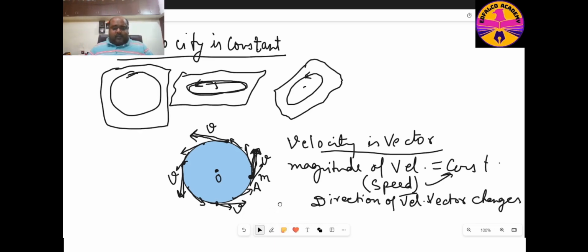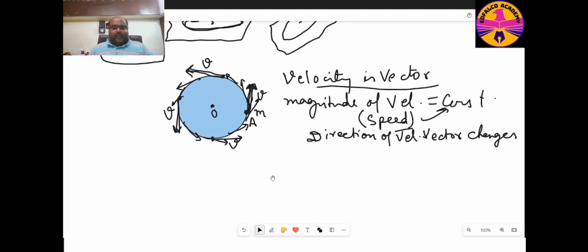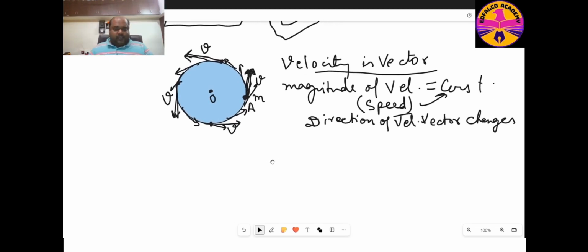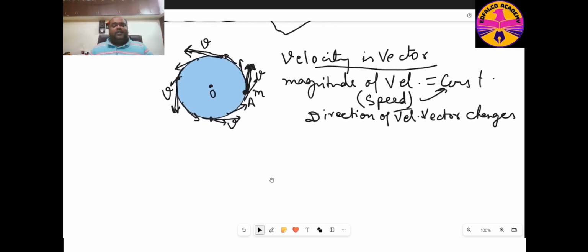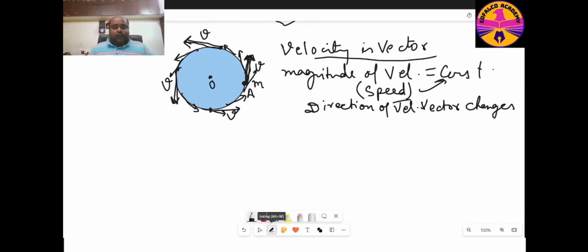So having understood this, and also the fact that the velocity magnitude, which is speed, is constant but direction is not constant, and we also know that the direction is tangential to the point that we are talking about, let's see why the direction will be tangential.